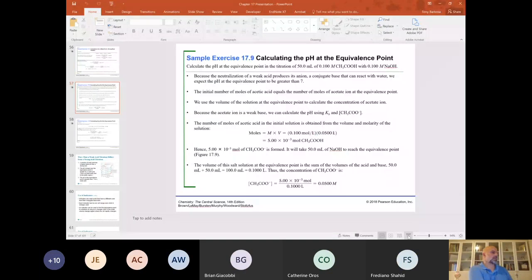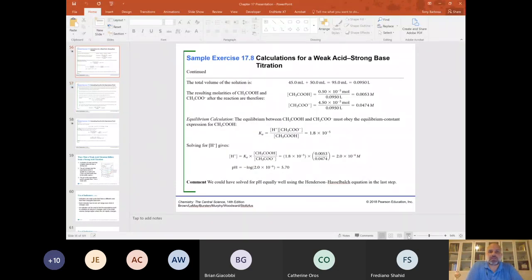All right, so we left off on problem 17.8, and then we did a practice problem calculating a weak acid and strong base titration.